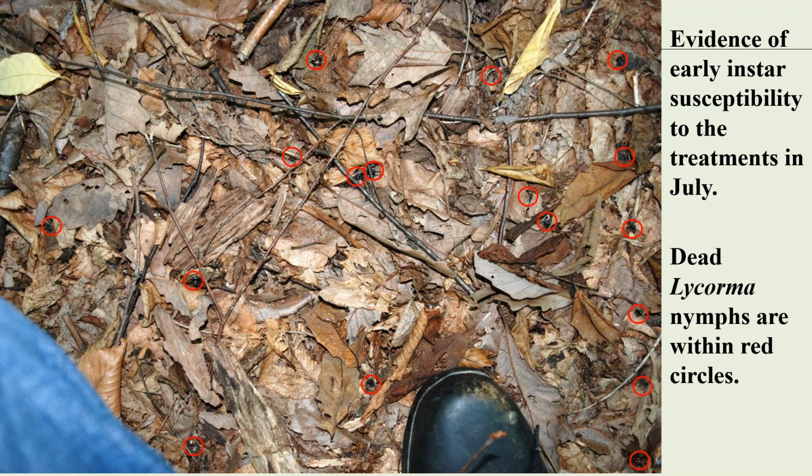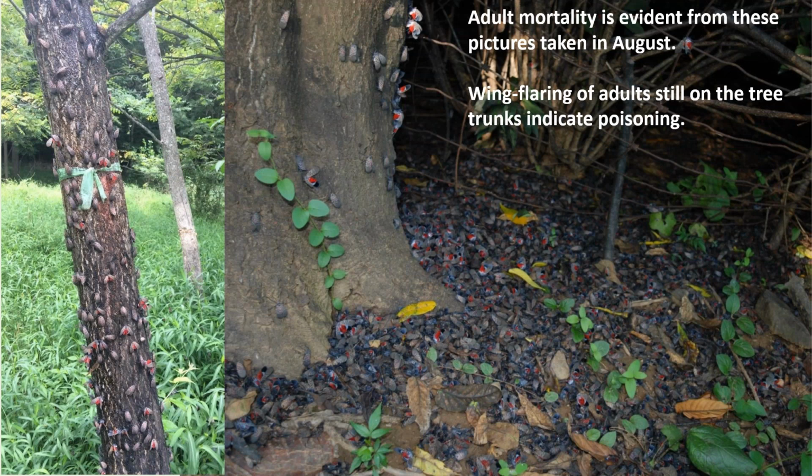So we knew right away with the bark spray treatment of Dinotefuran that we had something that was being effective. And then of course, as the insects matured and grew, then we saw these large piles of insects. And also we saw this wing flaring, which is when the insect is being poisoned by the chemical, and they'll lose their muscle control and will flare their wings.